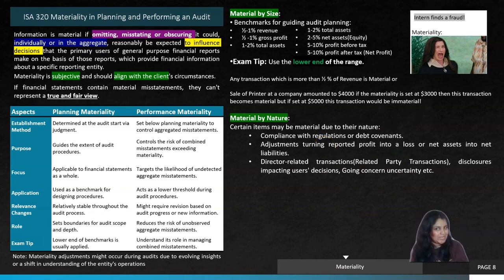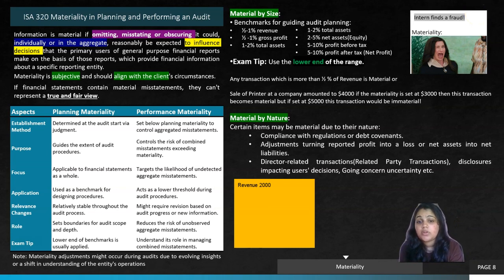Which means, for example, our revenue was $2,000 and our expenses amounted to, let's say, 1,000, and our reported profit was $1,000. And now we had an adjustment to be made to the statement of profit or loss, an expense of 1,500.